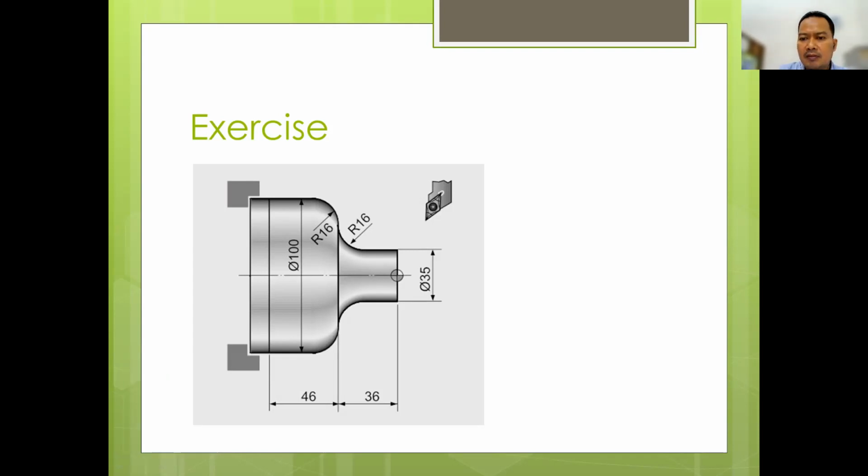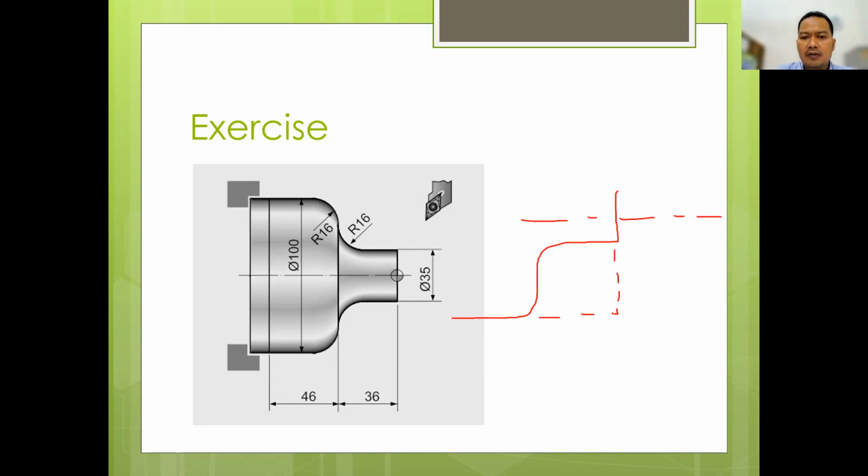This is the center line, and then you can make a mapping. This is the area that you will machine.